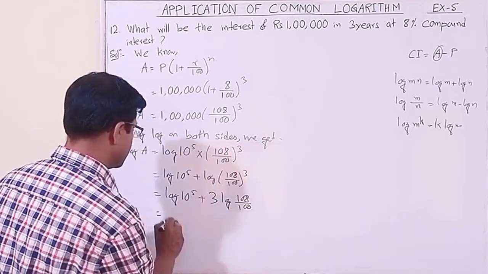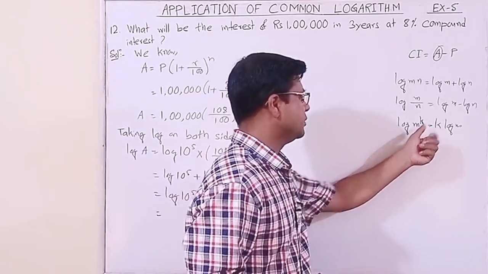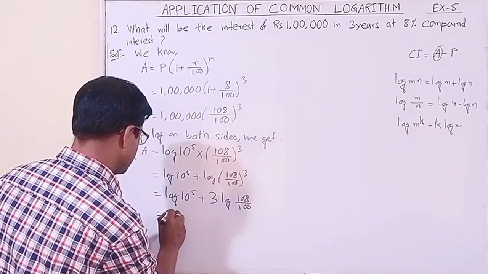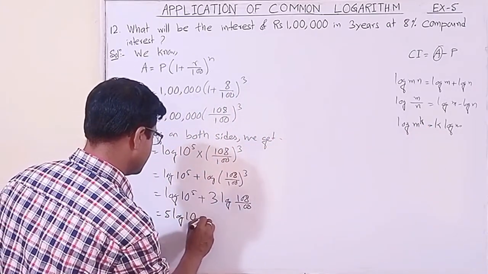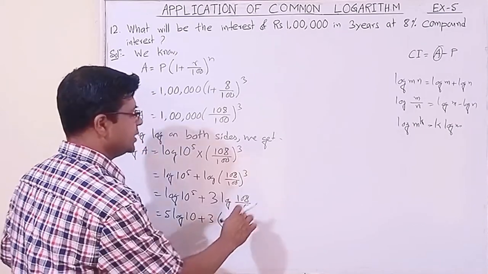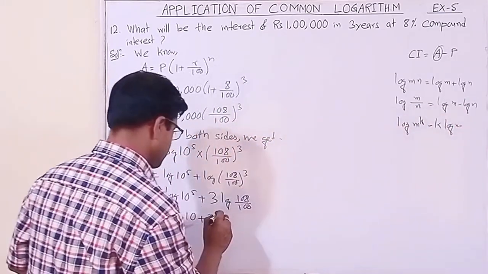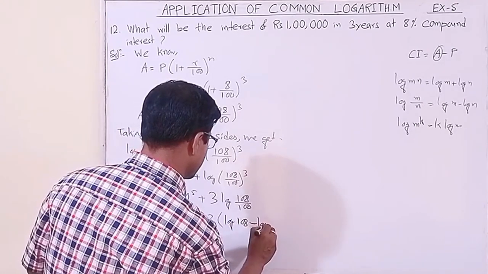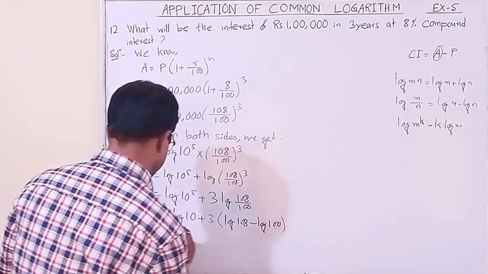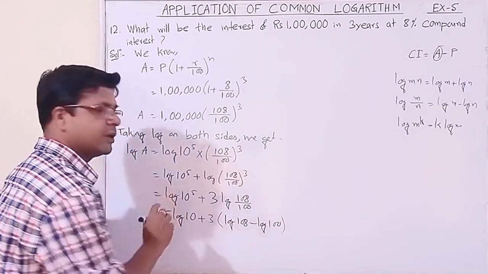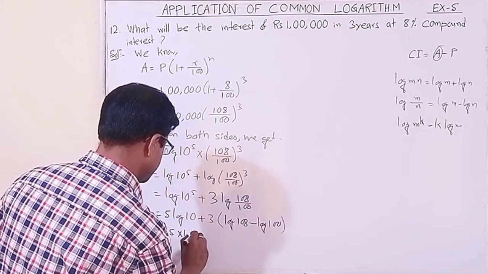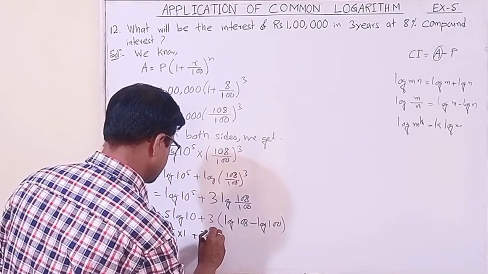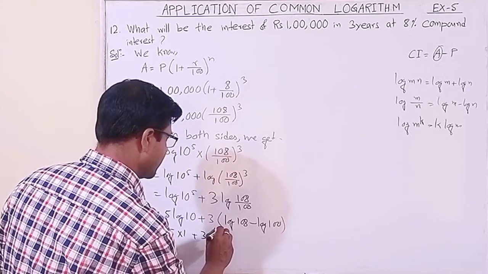Then the 5 will come in front, so this is 5 log of 10 plus 3. If it is divide, it becomes minus in log, log 108 minus log 100. Okay, 5 log 10 will have value 1, plus 3 into log of 108.